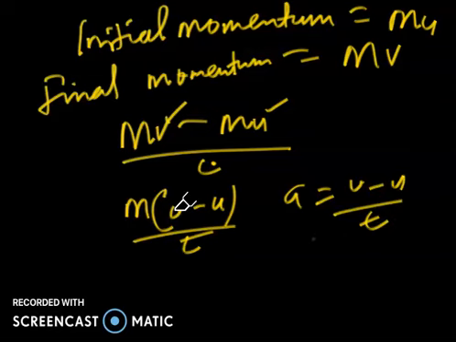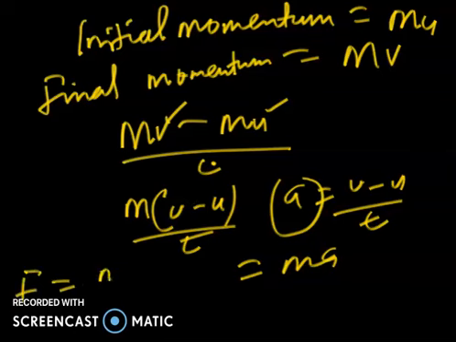So the rate of change of momentum will become ma, with regard to acceleration. So force is said to be proportional to the rate of change of momentum. Therefore, we can say that F is proportional to ma, because this shows the proportionality of this change. So force is directly proportional to ma, so we can say that force is equal to kma, where k is the constant of proportionality.